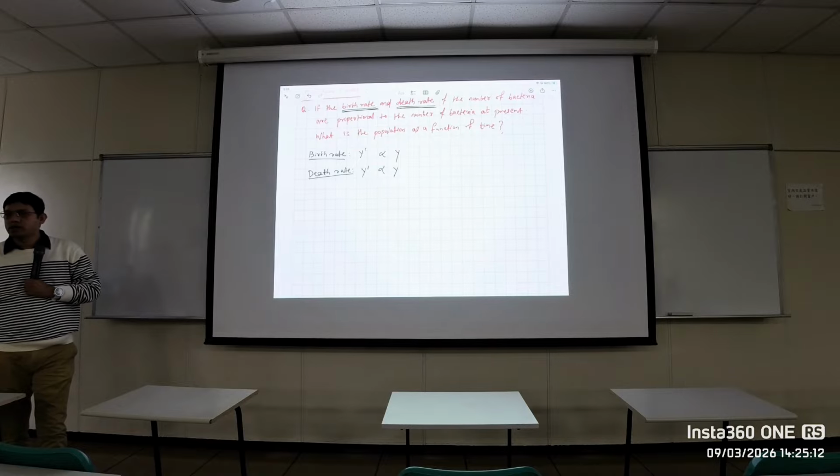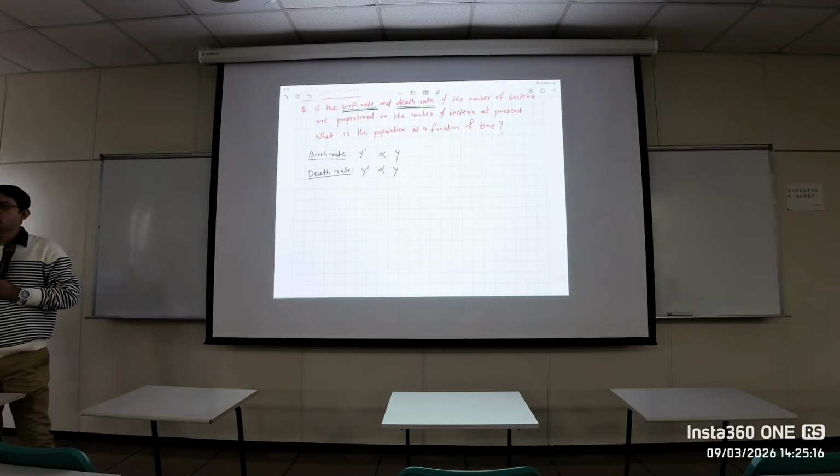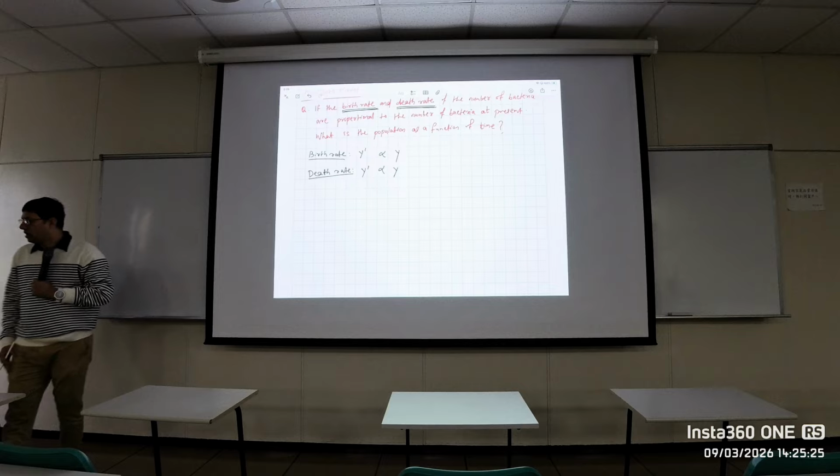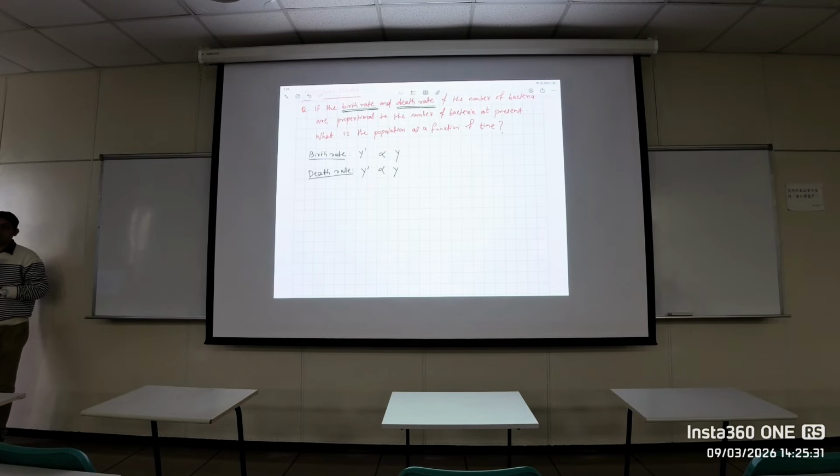Then how can I distinguish what is the birth rate and what is the death rate? I can do that only when I try to equate them.